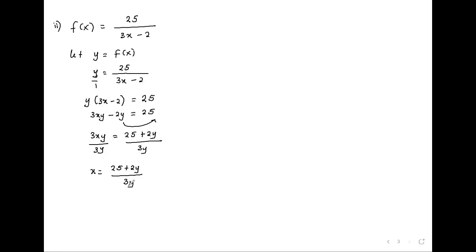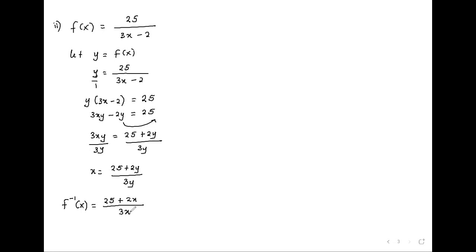So we get x is equal to 25 plus 2y over 3y. What does it mean? It means f inverse of x is equal to 25 plus 2x over 3x. This is the inverse. To make x the subject, you first let y be the whole function, then you start solving for x.